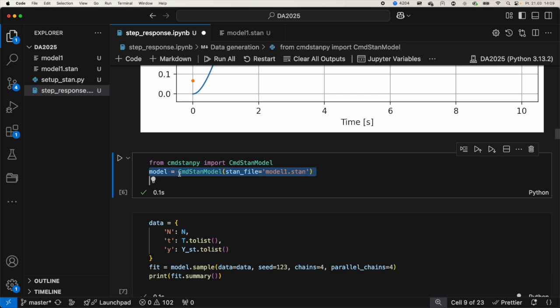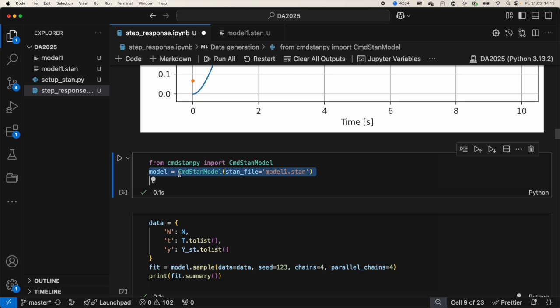We are using CmdStanPy because, from my experience, it is the most robust of all those solutions. RStan is okay, but you hate R as students, so we are not using that. PyStan is supposedly better now, but from my experience it was notoriously fickle. It could break on system updates.